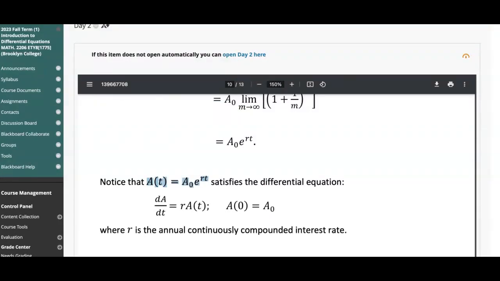Okay, let's go to the whiteboard. We have A of t equals A naught times e raised to RT. So take a derivative.